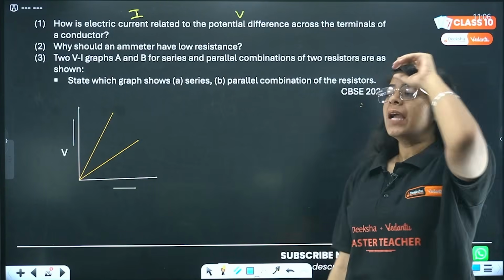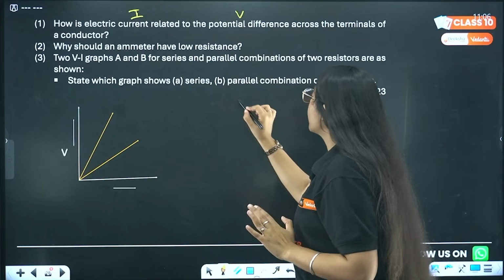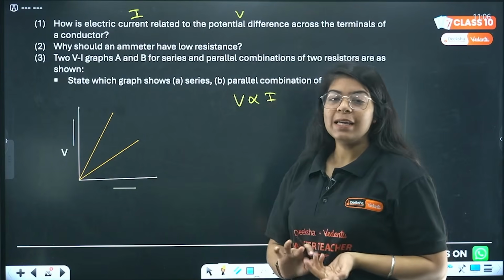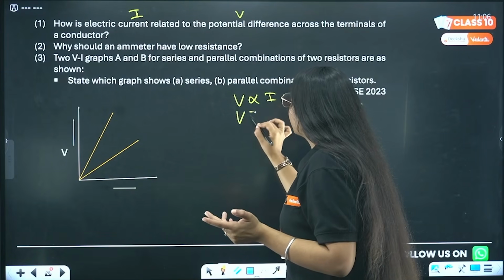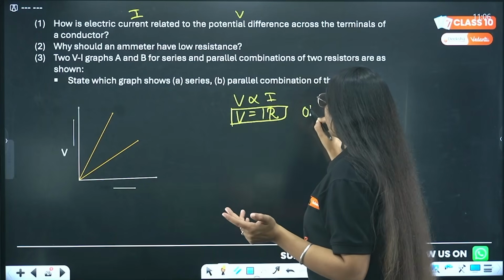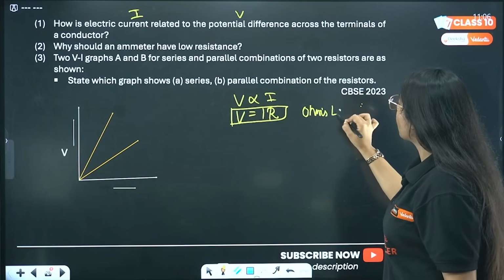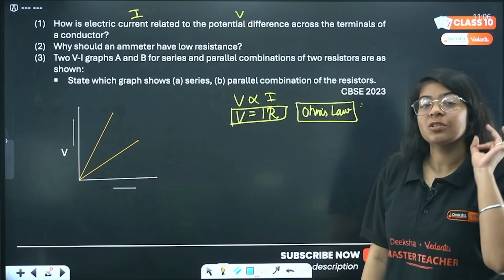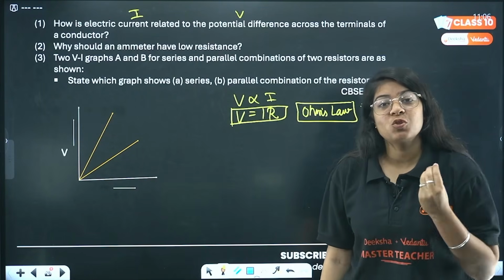They are just asking you the relationship between potential difference and current. So we know they are directly proportional and V equals IR. Again, very basic Ohm's law.